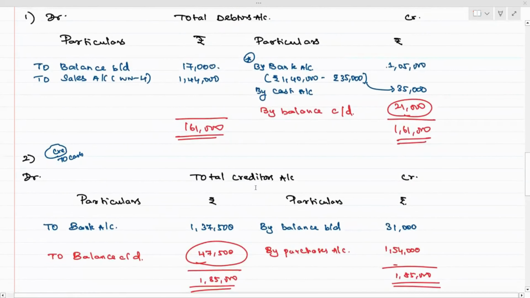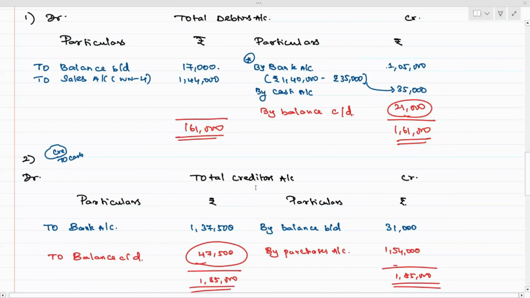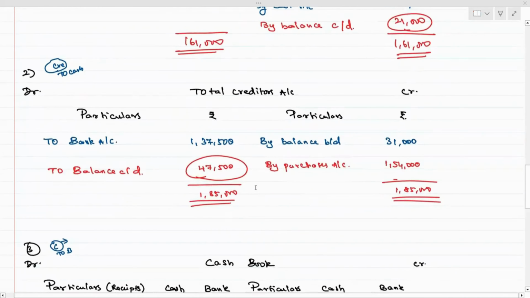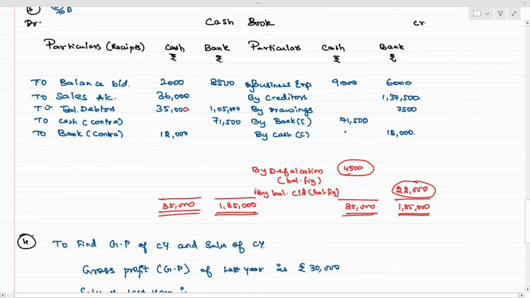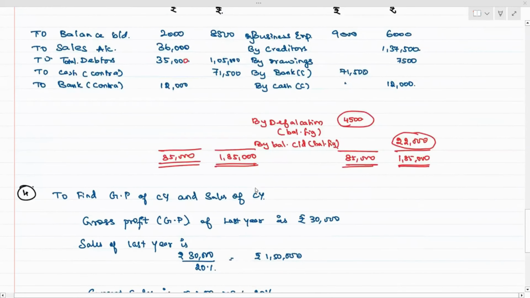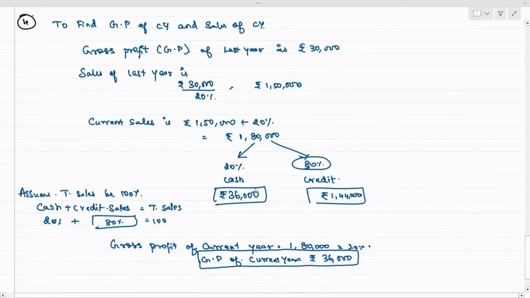Next, the total debtors and total creditors. Then the cash book. And then our final fourth working.